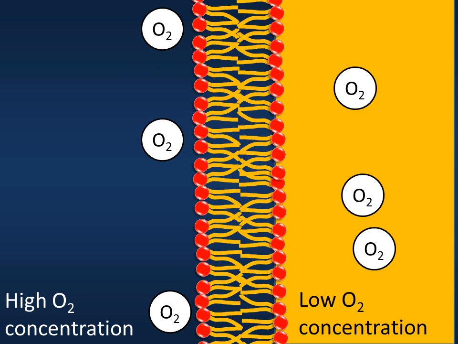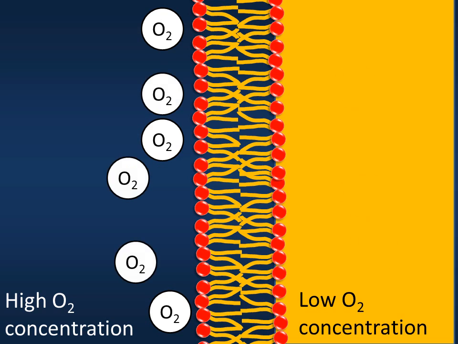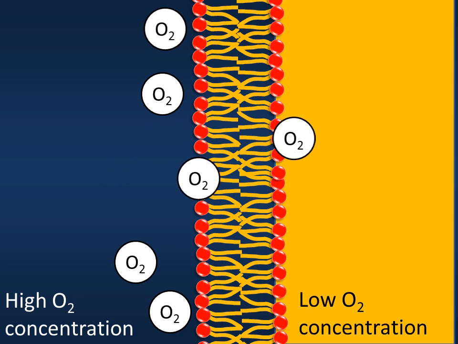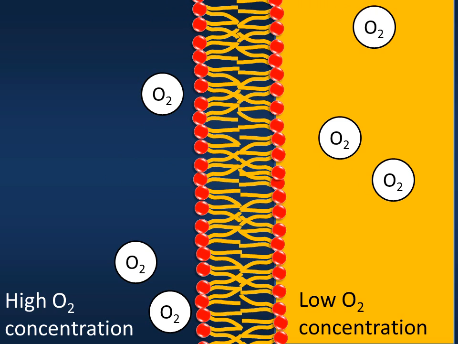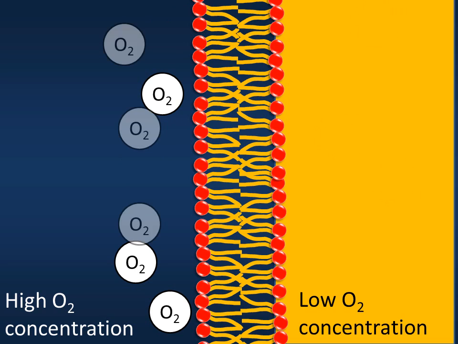Now in our cells, they will use that O2 up, and therefore maintain the concentration gradient, high outside, low inside, and thus O2 molecules will continue to diffuse in, get used, and more O2 molecules are always streaming by to be taken in.